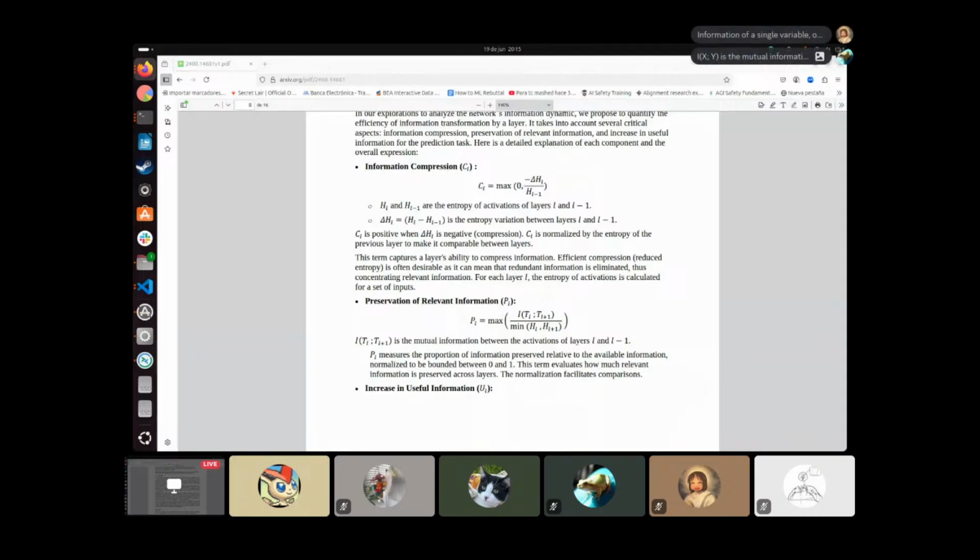Ah, okay. Yeah, it's the entropy of the... So the mutual information between x and y is smaller or equal to the entropy of x, and the mutual information is also bounded by the entropy of y.